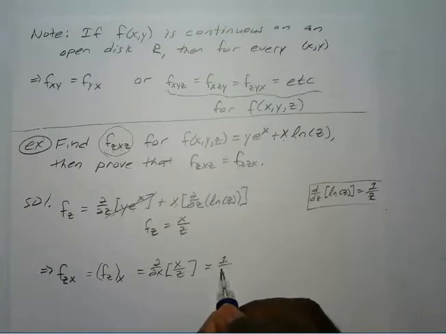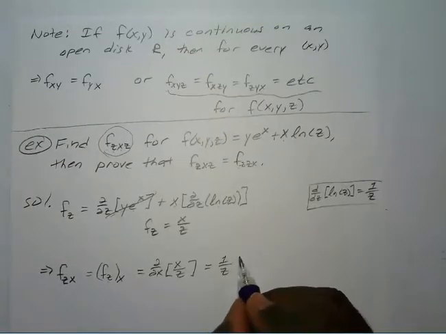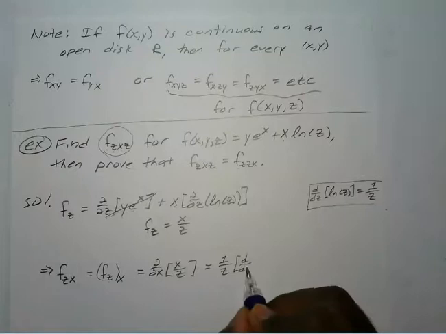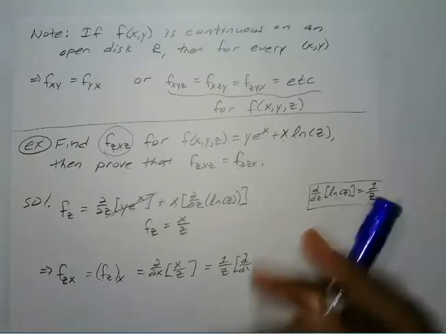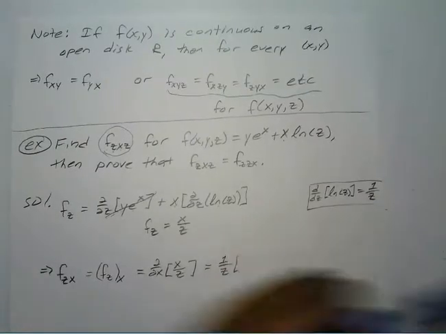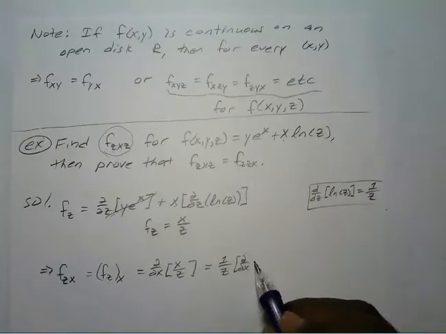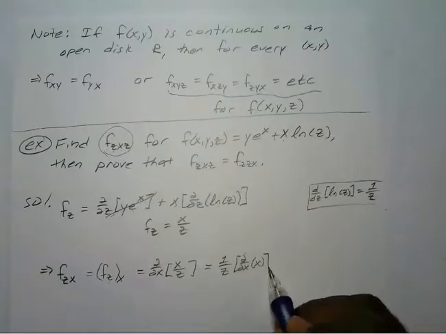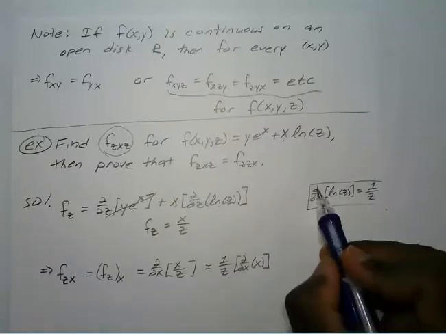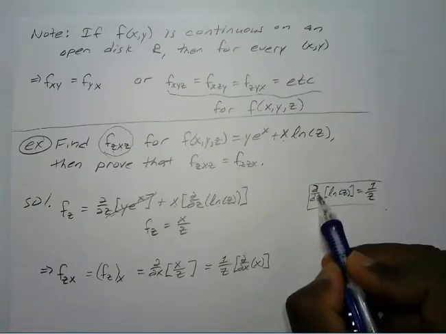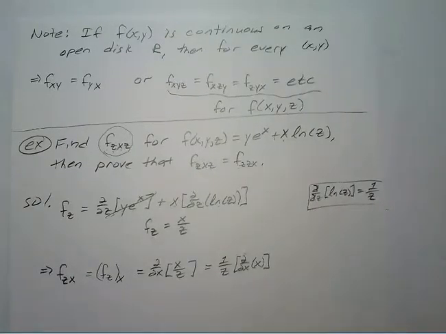That's just 1 over z times the partial derivative with respect to x of x. Now the partial with respect to x of x is just 1.